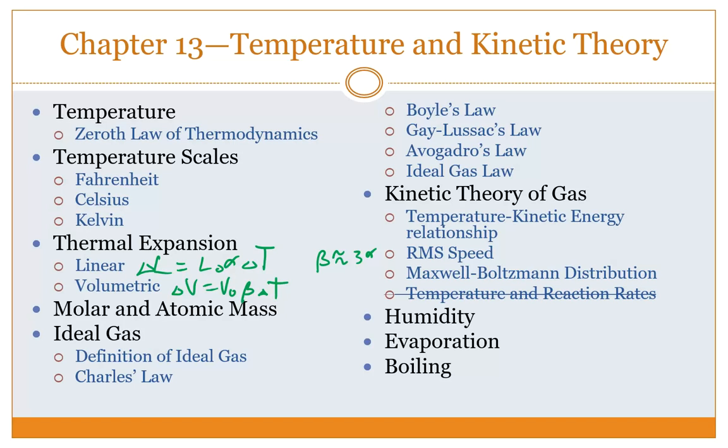Molar and atomic mass, just to make sure we have that squared away. The mass per mole is the mass for 6.022 times 10 to the 23rd molecules. The mass per molecule, of course, is per 1. So the difference in the two is that 6.022 times 10 to the 23rd, more commonly known as Avogadro's number.